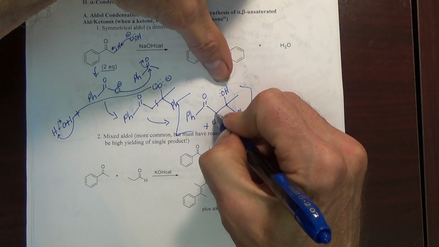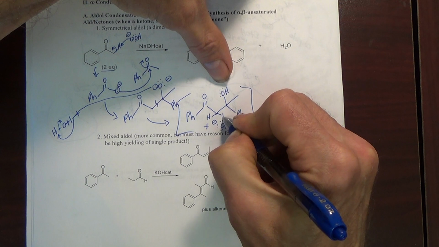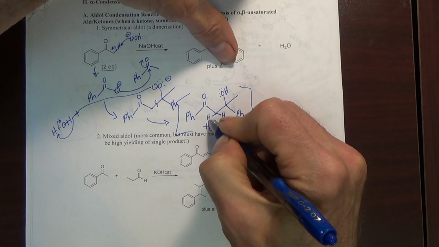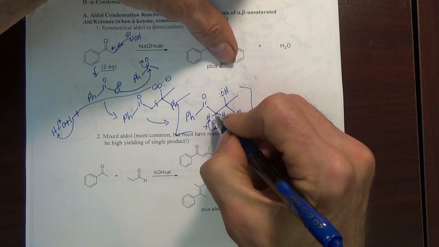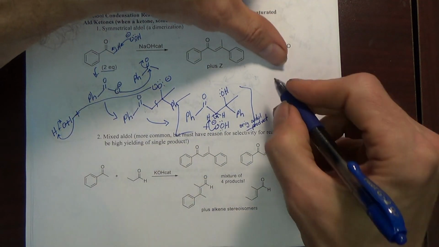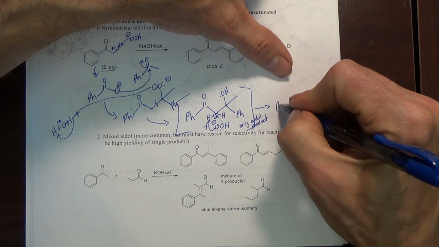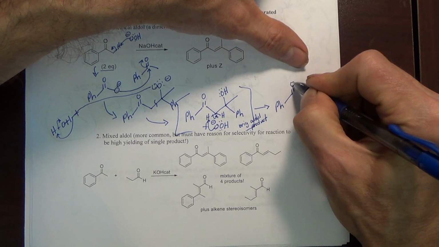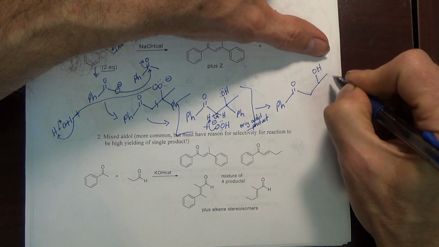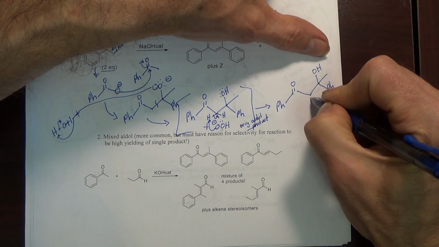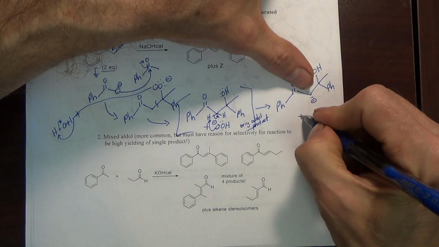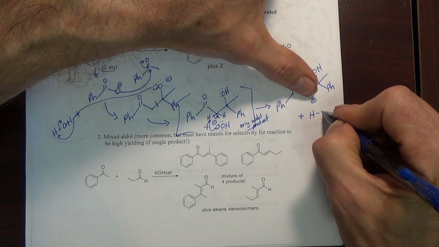The mechanism is fairly straightforward. The base takes one of these alpha CHs again, just like it did here, and that would lead to that carbanion plus water.